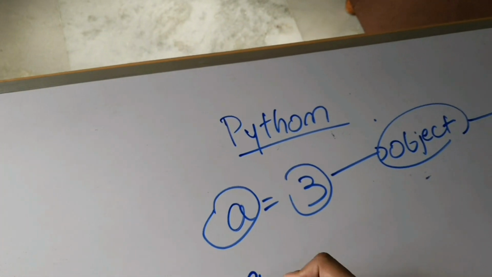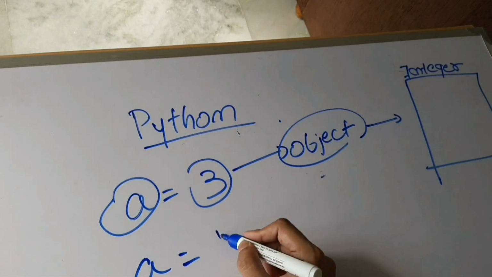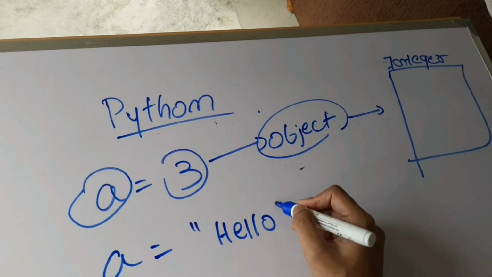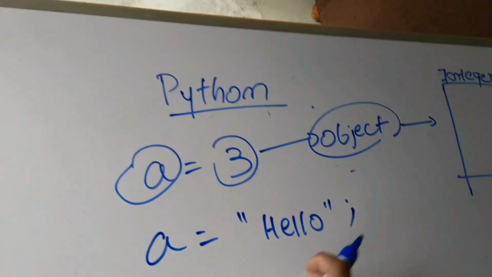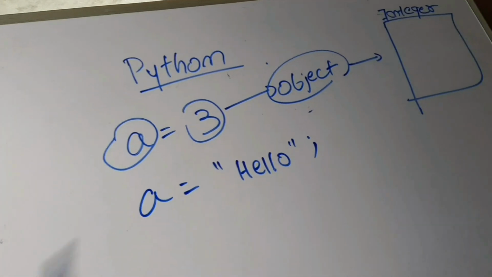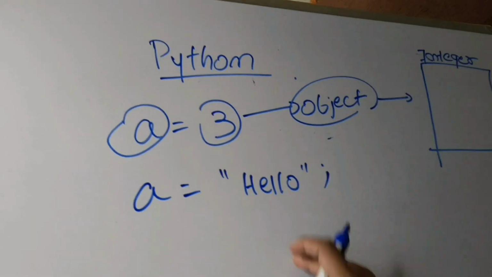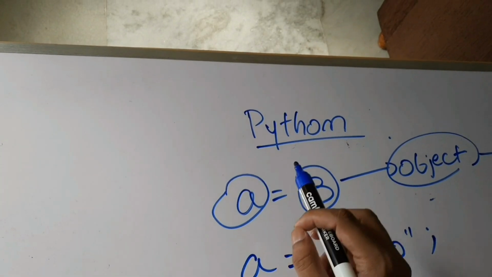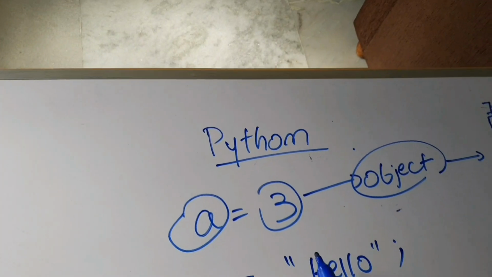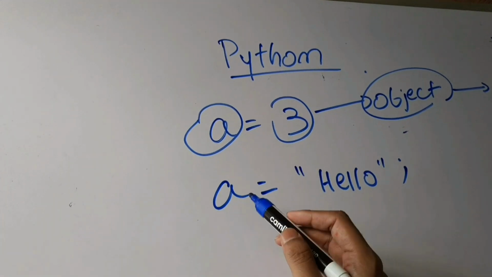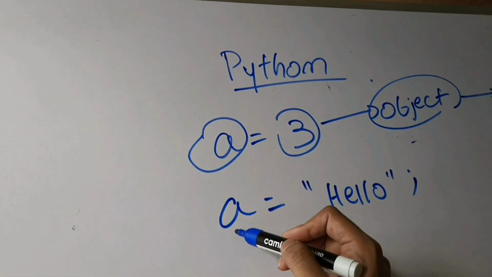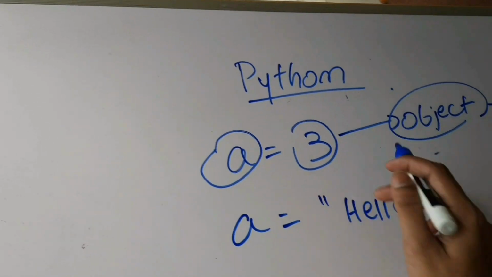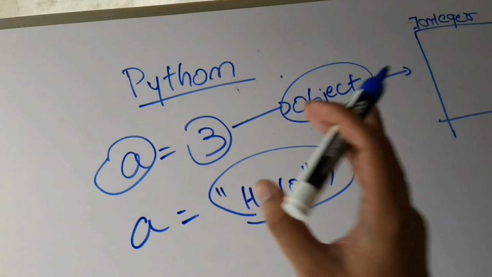Now if I change a equals hello, if we do this in C programming, this will be a tremendous error. But in Python, this is nothing. In this step, the variable a is a reference to the object 3. And in the next step, we turn the variable a to a reference to the object hello. Now the variable a no more references the object 3 and it references the object hello, which is a string.